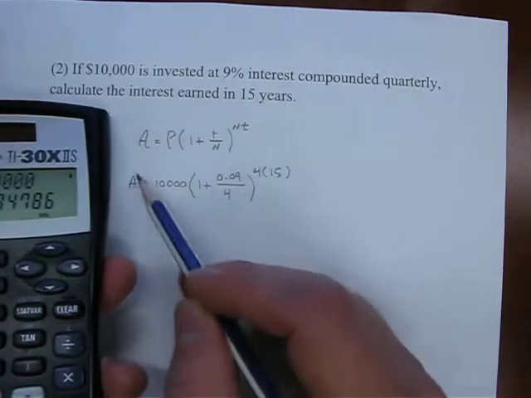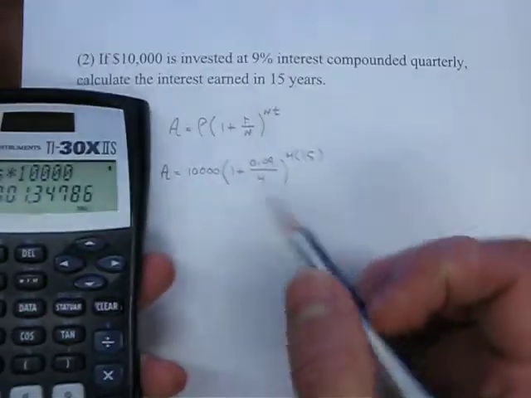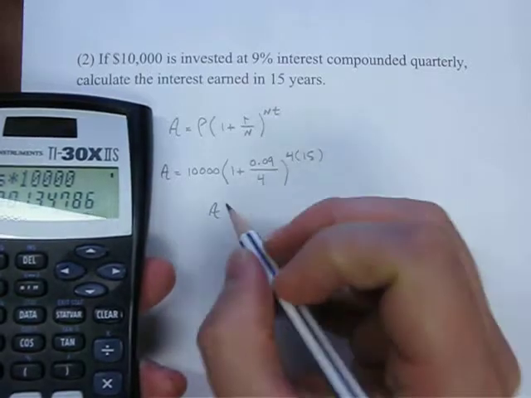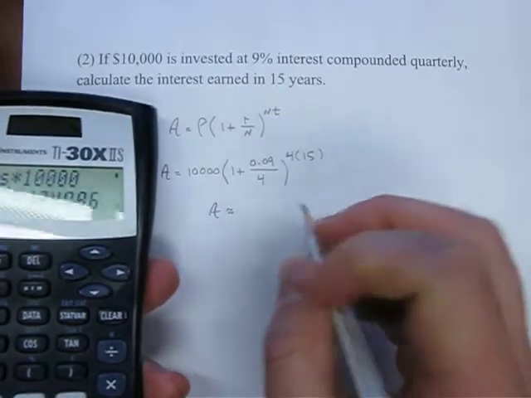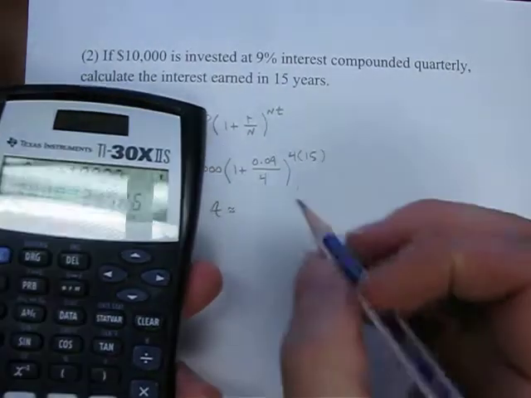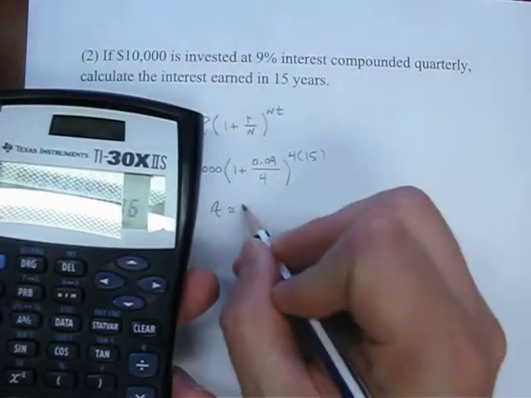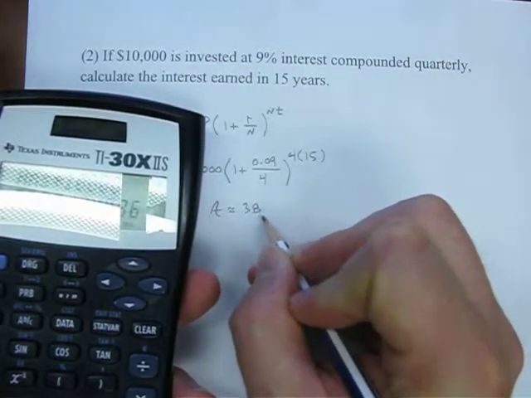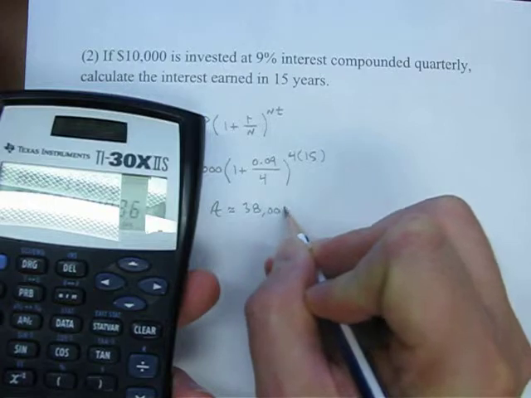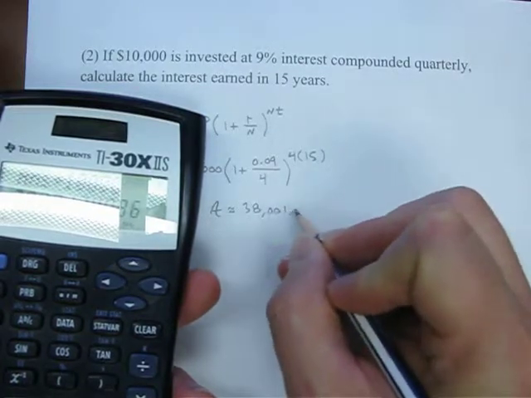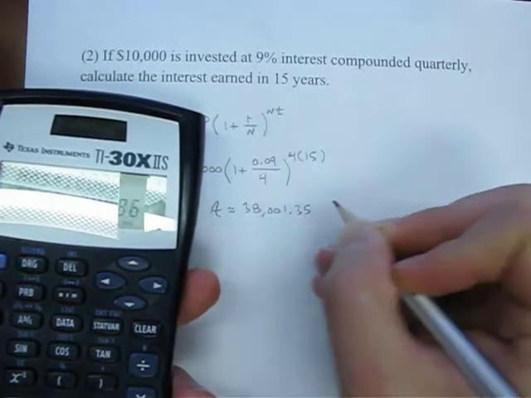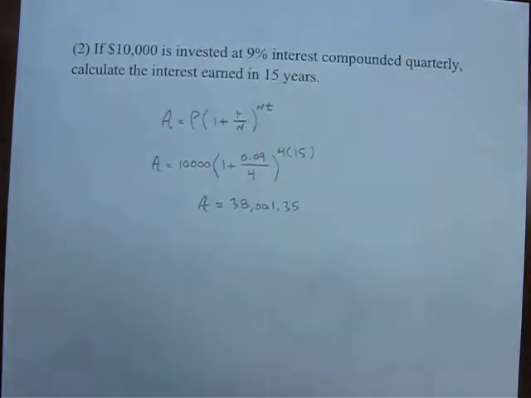And this is that, right? So I could say A is, with some rounding, I'll round again to the nearest penny, $38,001.35. All right. Okay. So then it seems like we get our answer, right?